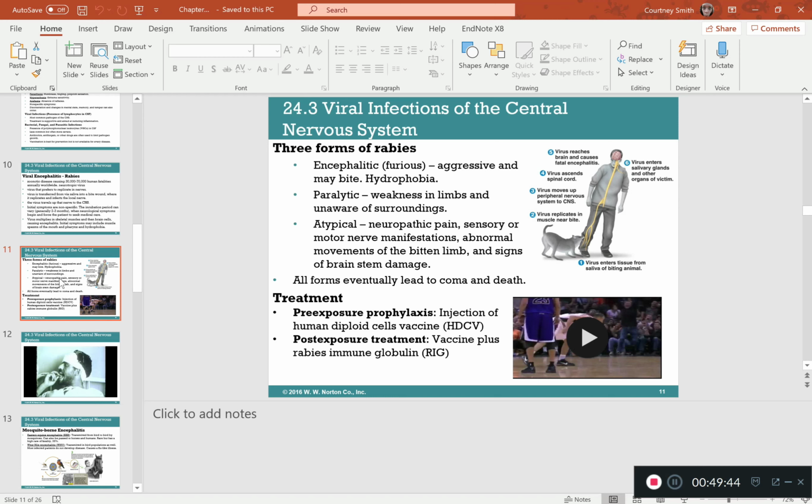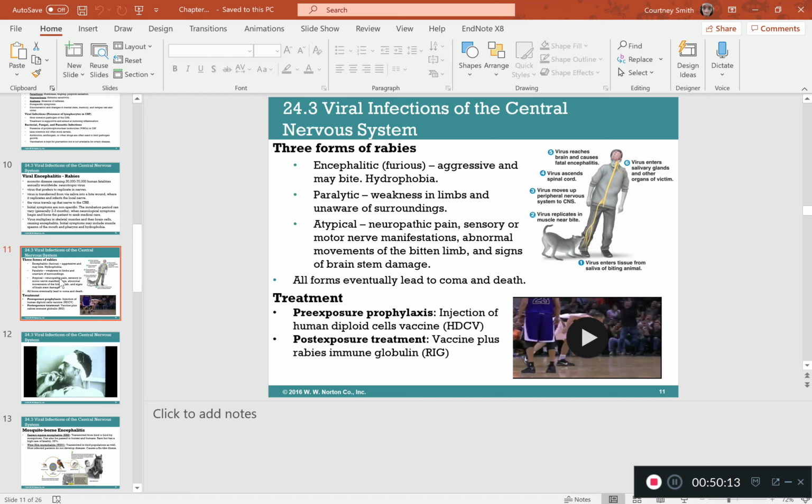Hydrophobia is where they quote unquote have a fear of water, although it's not an actual fear. What it is is that the infected unfortunately cannot swallow any fluids. It makes them gag and then even vomit it up, which will produce that foaminess that we have heard so much about.